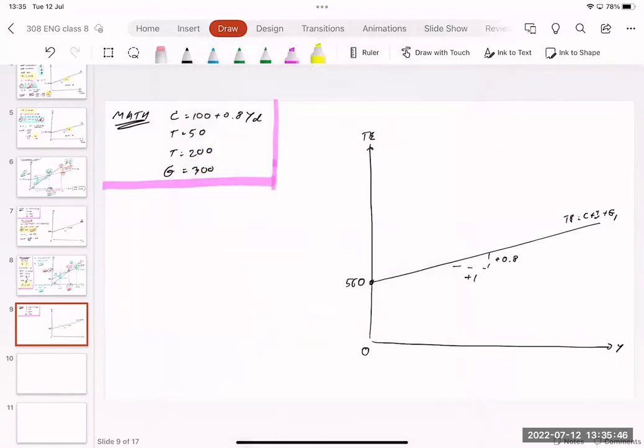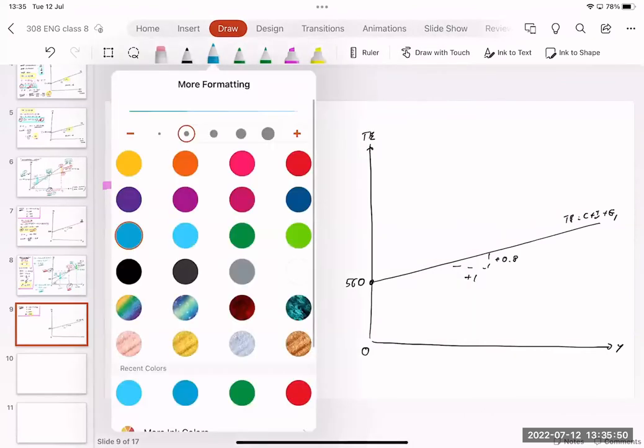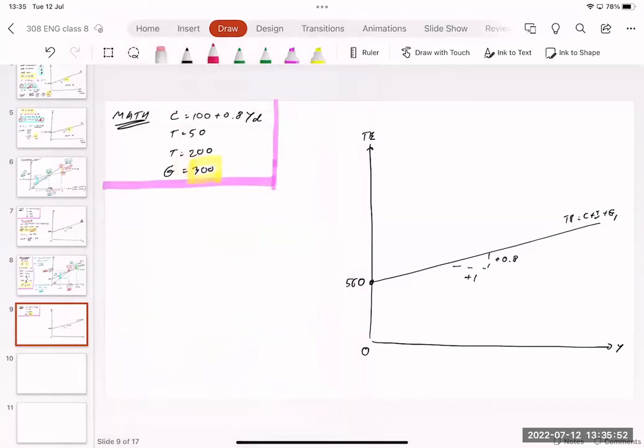for example, the government decides to spend more. If the government decides to spend more, from 300 to 400, how is it going to be? We're going to use delta G equal to plus 100.